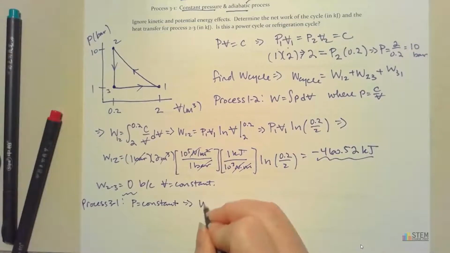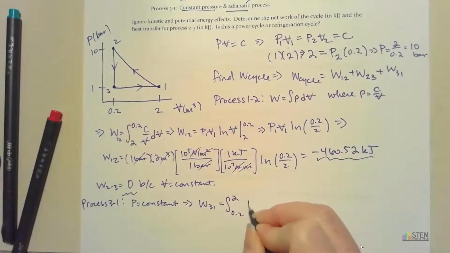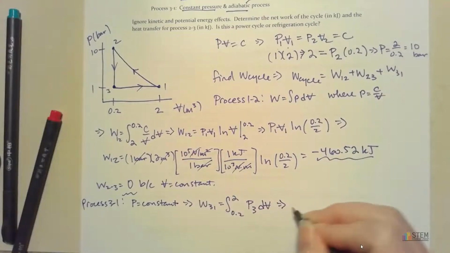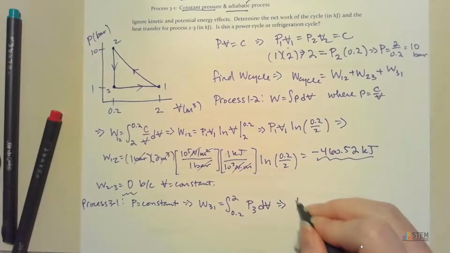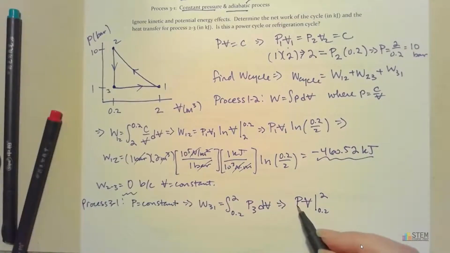So with that we can say work 3-1 is going to be the integral from 0.2 to 2 of P3 dV. I'll plug in the number in just a second. So when you integrate this, you're going to get pressure times volume. Limits are 0.2 and 2. So P here is 1 bar.